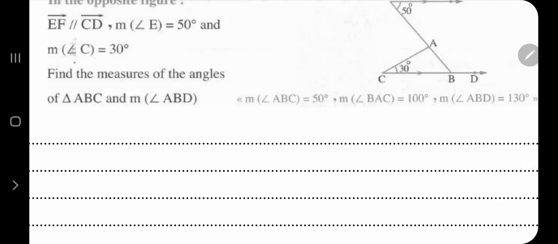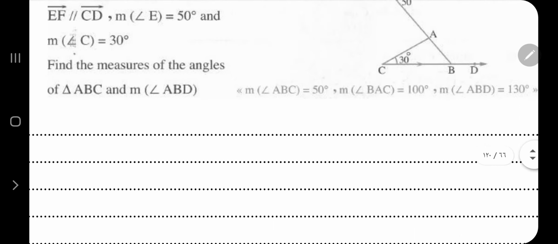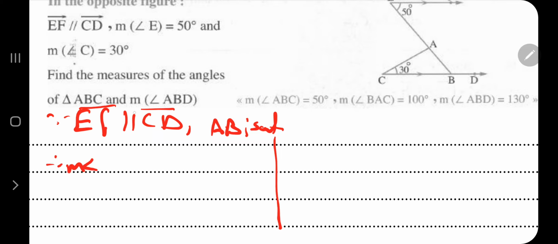At first, since from the given, EF is parallel to CD, and AB is a transversal, that means the measure of angle E equals the measure of angle EBC equals 50 degrees.